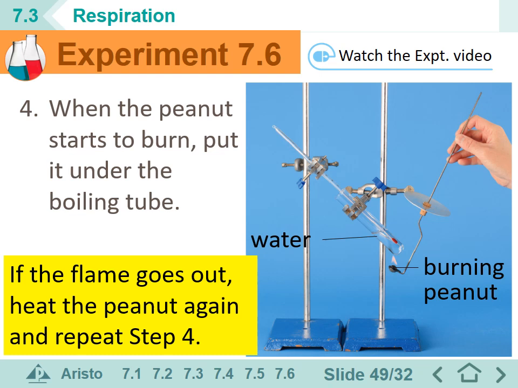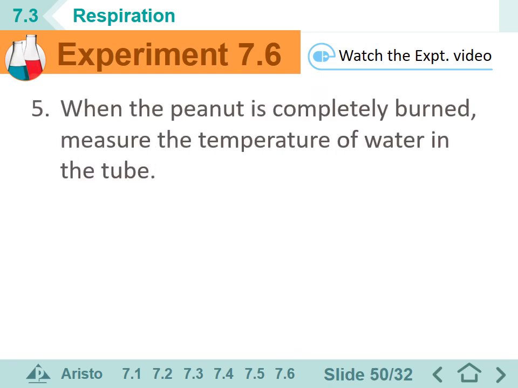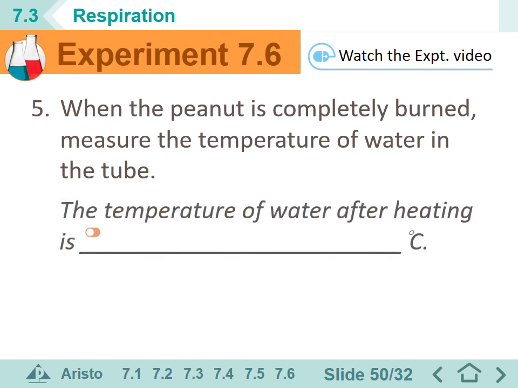If the flame goes out, light the peanut again and repeat step 4, but we need to use the same peanut. When the peanut is completely burnt, measure the temperature of the water in the tube. The temperature after heating is, for example, 55. So we prove that the peanut can heat the water.